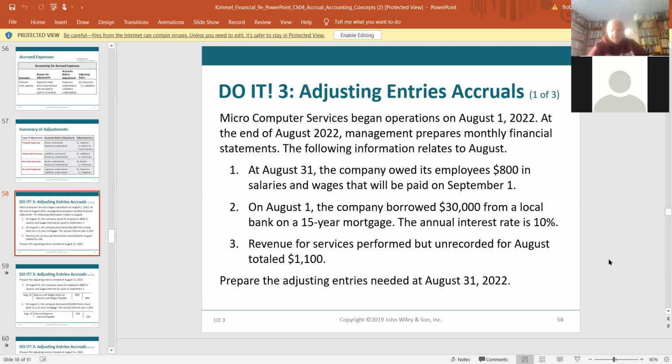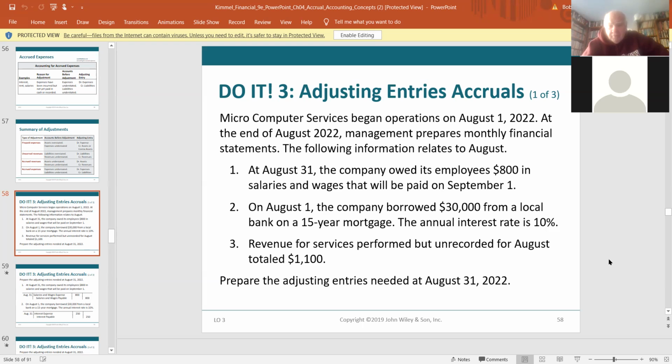We're adjusting journal entries, okay? So Micro wants us to prepare these various adjusting entries. They owed the employees $800 in wages at the end of the year. That's an accrual entry, where we're going to debit wages and salaries expense and credit wages payable or salaries payable.